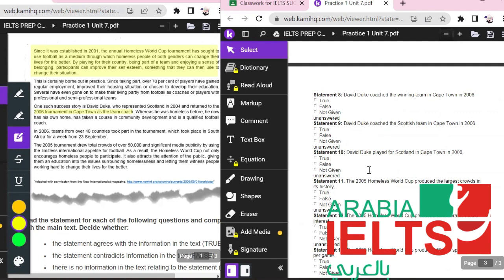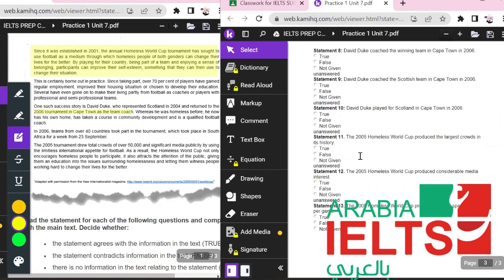Sorry about that. Statement 10: David Duke played for Scotland in Cape Town in 2006. This one is false because he was a coach and not a player in 2006. So far so good for these three. Sorry about the confusion.